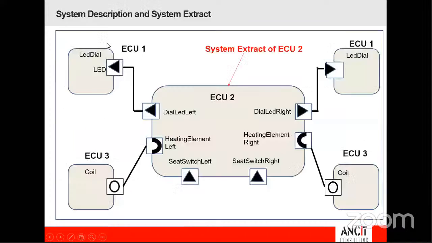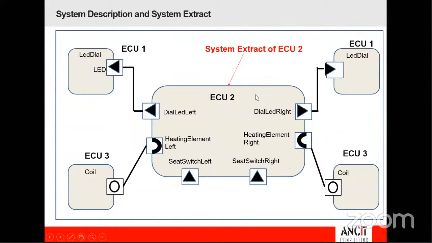Now what we have moved on to is the second file, which is the system description file, where we say now we have 5 software components, software component 1, 2, 3, 4, and 5. These software components can be distributed among 3 ECUs, like we have put in our slide. We have ECU1, which will host the LED dial software component.